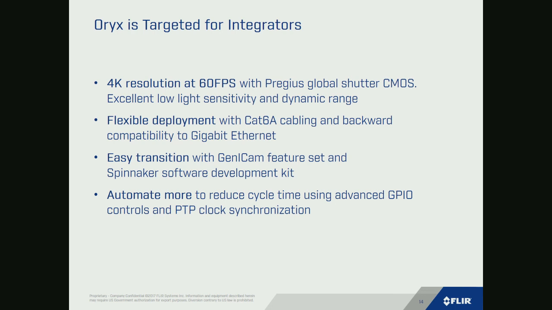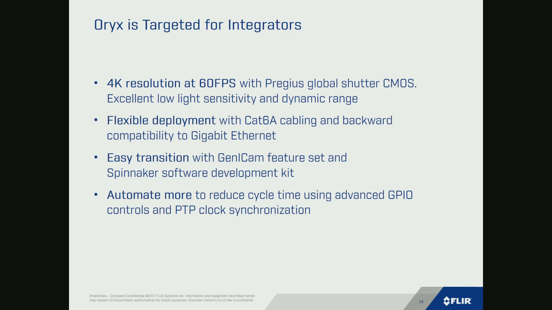We offer a 4K resolution, 60 frames a second, 10-bit depth. We're featuring the latest global shutter Pregius sensors from Sony, with excellent low light sensitivity, high dynamic range, and about 2 electron read noise.